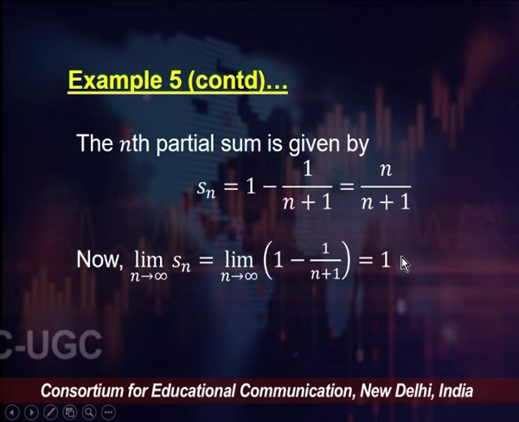So, you are left with a 1, which is to say that where you are ultimately asked to find the sum of the infinite series, summation 1 upon k times k plus 1, where k goes from 1 to infinity, the partial sum there was n upon n plus 1, and when we took the limit of that partial sum as n tended to infinity, we got a 1. So, that will be then the answer for the sum of the infinite series.